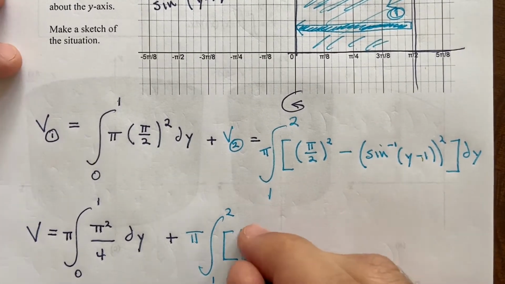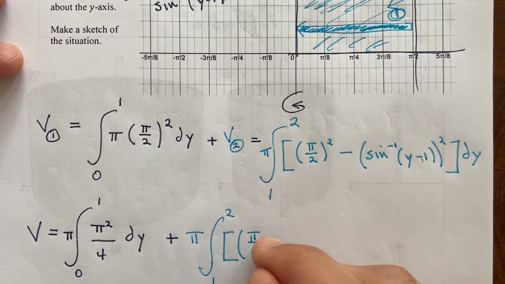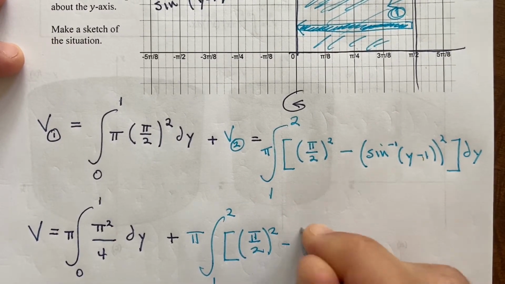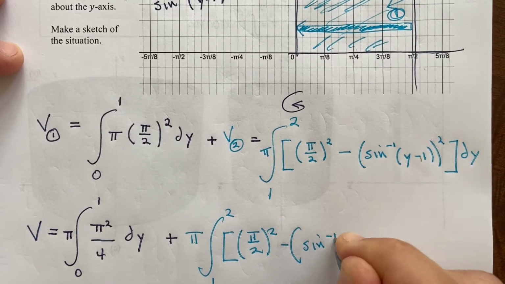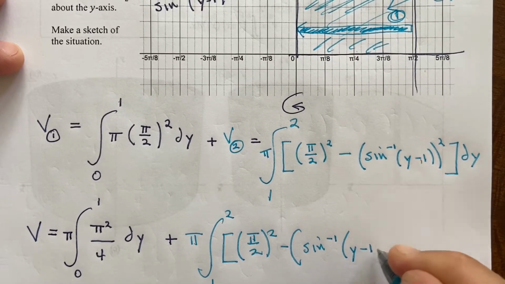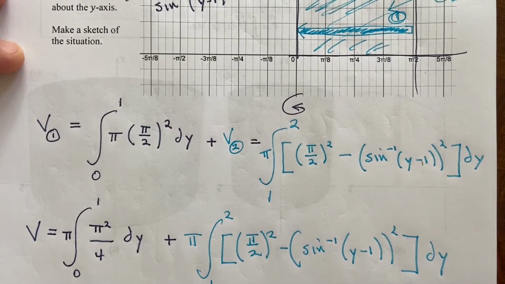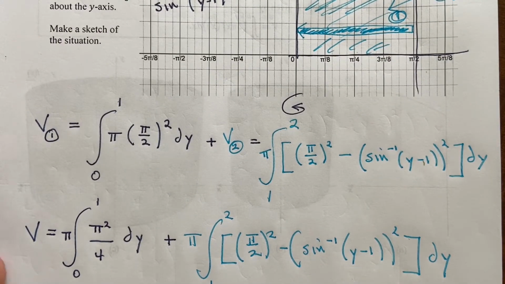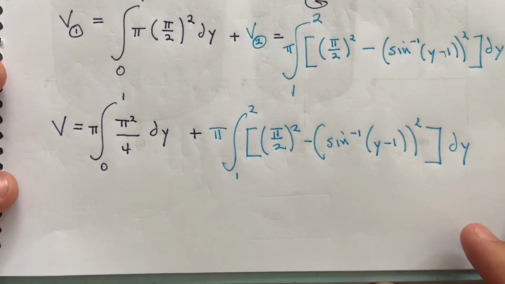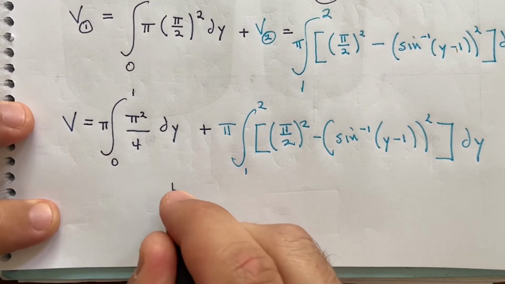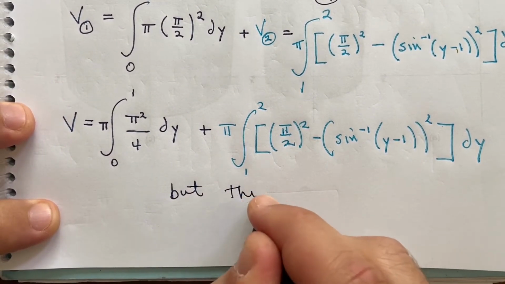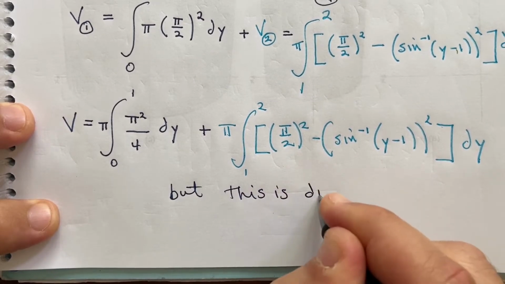And I'll just actually leave it. I'm not going to fully carry out this integration. My point is just to show you, hey, look, this is difficult, and there's another method that we can choose that's less difficult. Okay, so I'm just going to stop here. This would be the volume, but this is difficult.